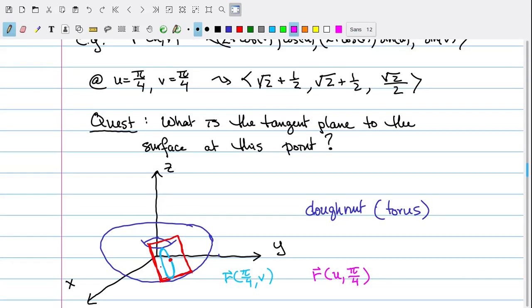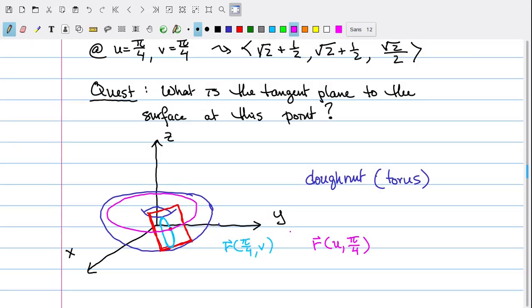So what I'm ending up doing is following my surface, passing through this point, and going around in a fun little circle like this. So these generate two different paths.